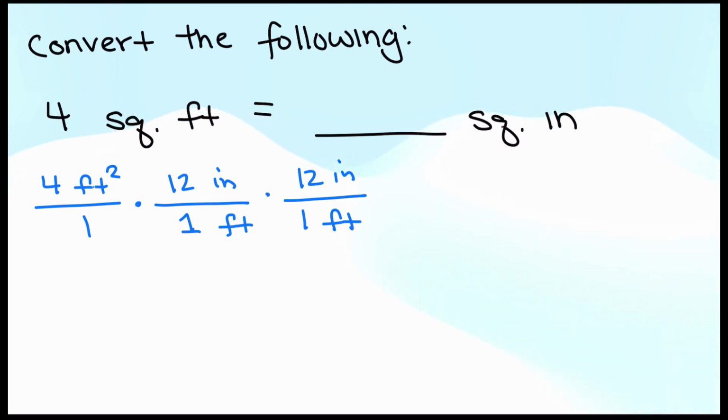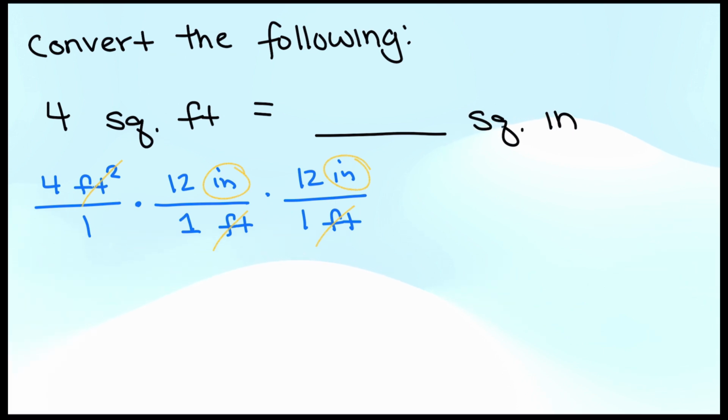So if I multiply by 12 inches over 1 foot twice, then what happens is on the bottom I have foot times foot, that's square feet, and those cancel with my square feet. And then I'm left with inches times inches, which is square inches.